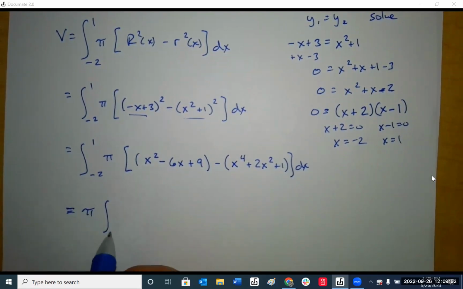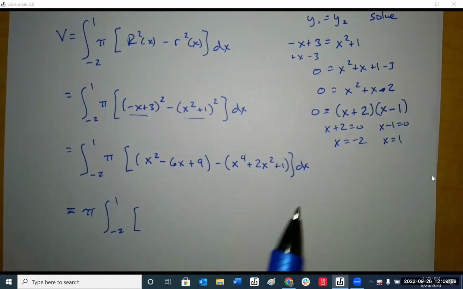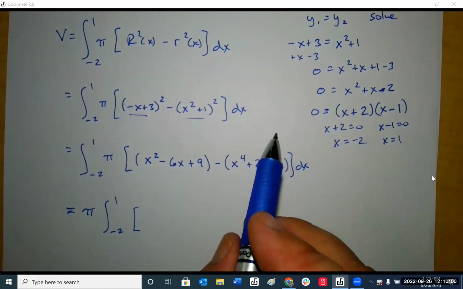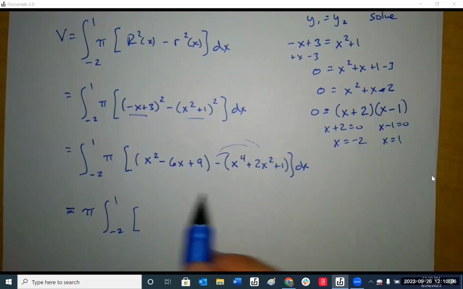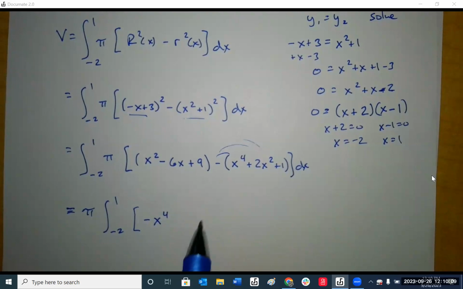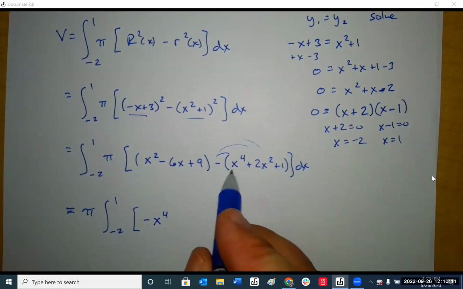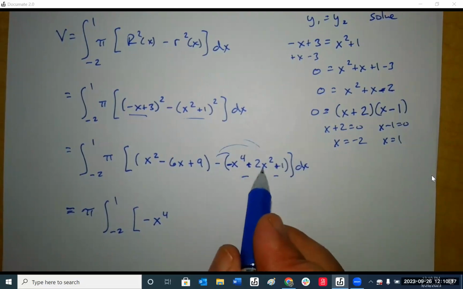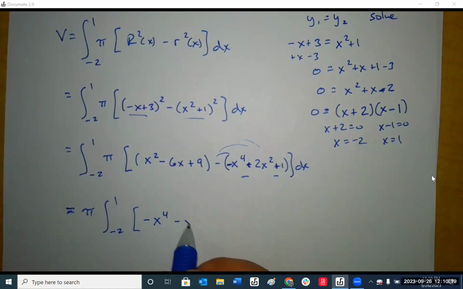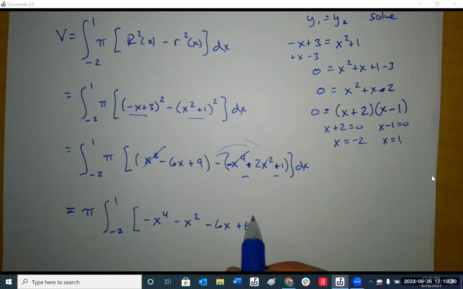It's constant. Distribute this negative sign. We have negative x to the 4th. That becomes negative, that becomes negative. So negative 2x squared plus x squared is minus x squared, minus 6x plus 8.